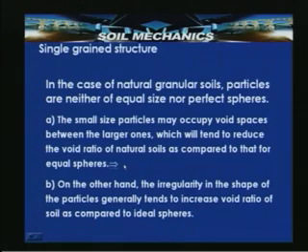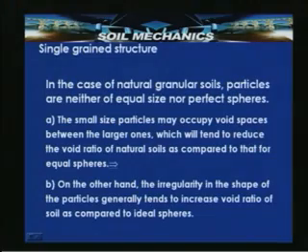In the case of natural granular soils, the particles are neither of equal size nor perfect spheres, but we are idealizing them as equal spheres. How far is this correct? This can be seen with the following justification.